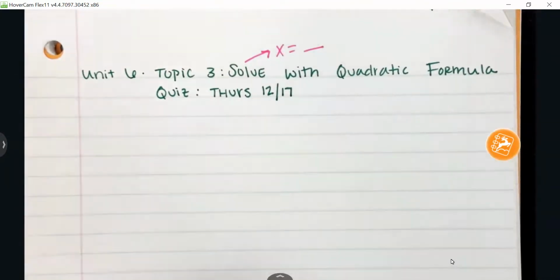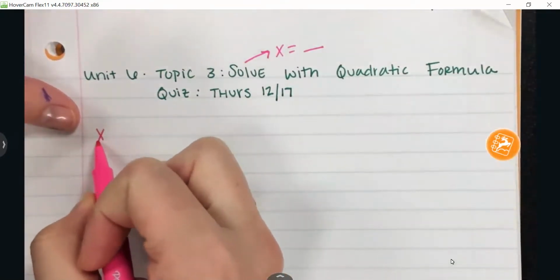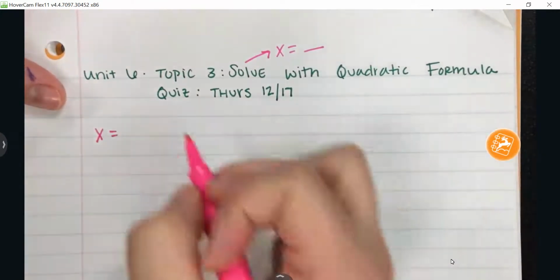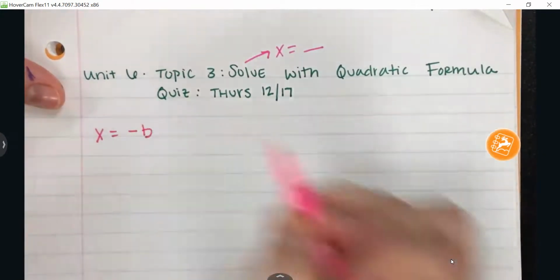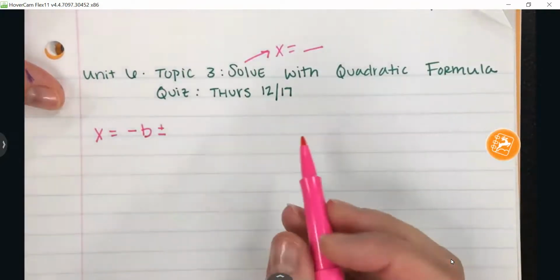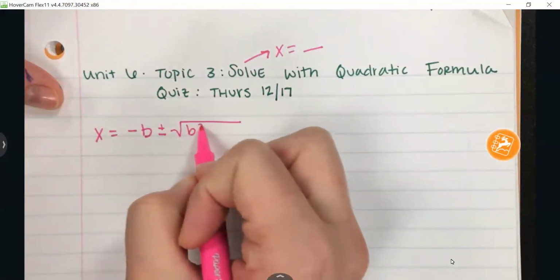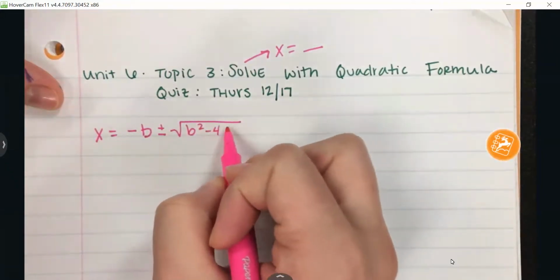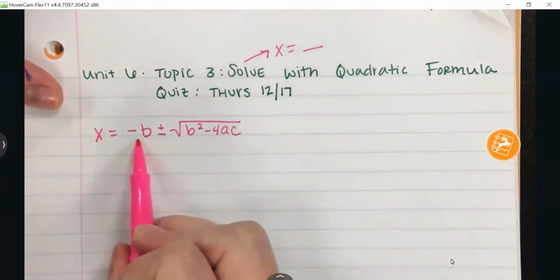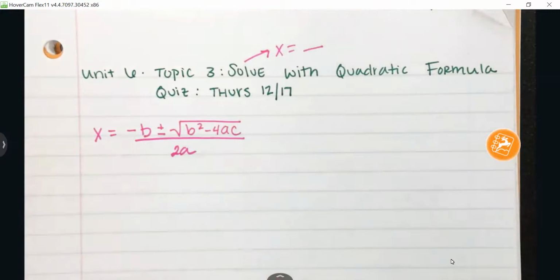So the first thing we're going to do is write down our quadratic formula again. X equals negative b plus or minus the square root of b squared minus 4ac all over 2 times a.